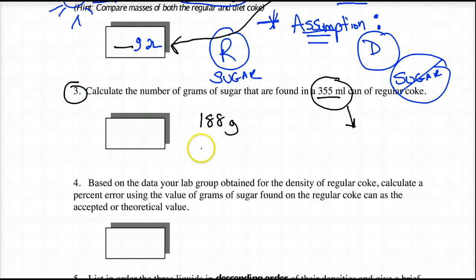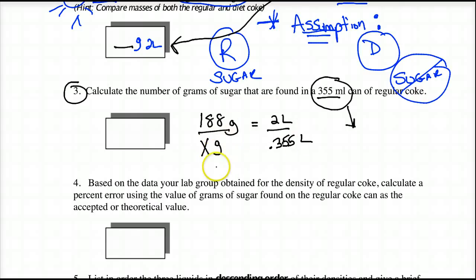Guess what I do? Well, this is 188 in 2 liters of Coke, and I want how many grams in 0.355 liters. This is what we call the proportion. I don't normally do proportions, but that's what we're going to do. This is 188 for 2 liters. How many grams? You have to use X, people, because the X is always the unknown. Solve for your proportion.